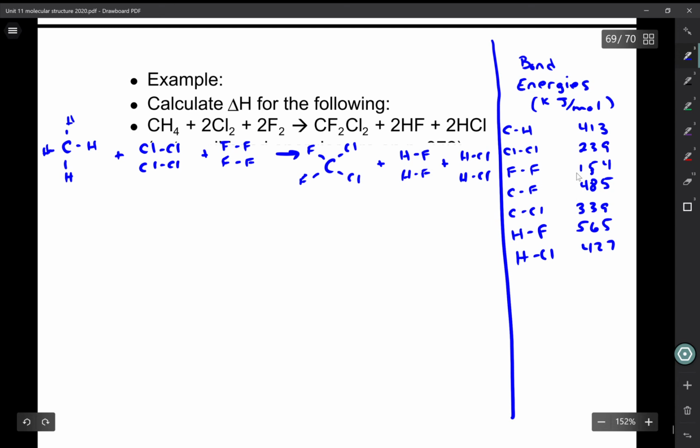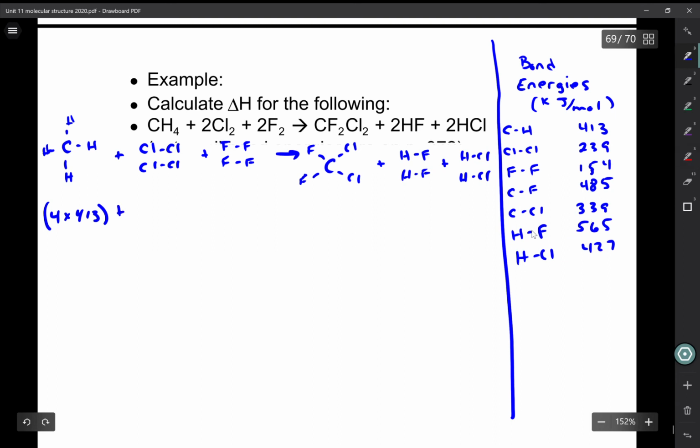I just pulled these off of the chart and wrote them here, so we just have the ones we need. We're going to take all these bond energies, figure out each of the bonds here, and then calculate the heat of reaction. So here we'll look at CH4. Here's our CH bond, 413 kilojoules per mole. Since we have 4 CH bonds, it's 4 times 413.